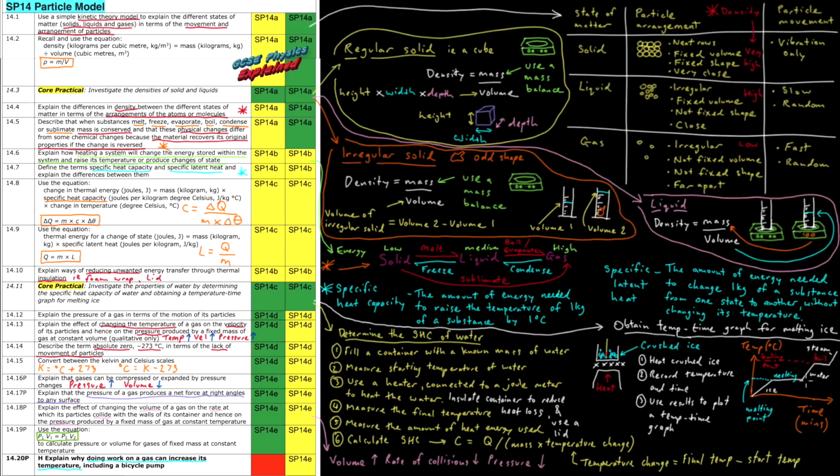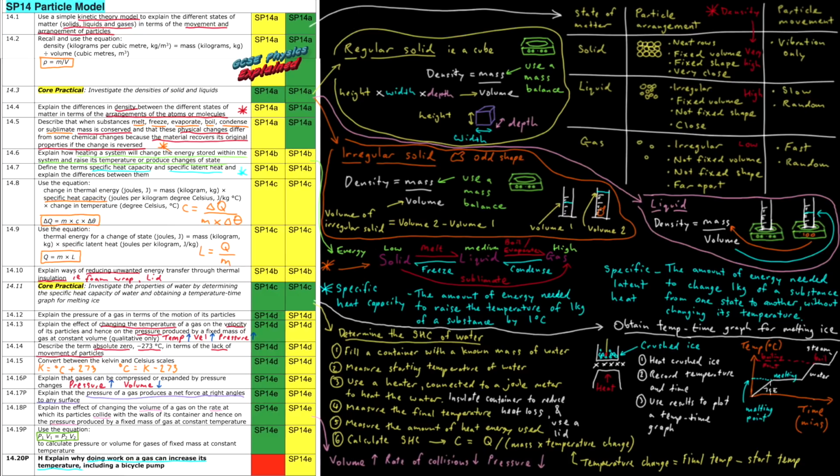Once it's fully turned into a liquid, then the temperature will continue to go up. Once it reaches a change of state again and changes from a liquid into a gas, once again you'll end up getting a flat part, which is your plateau. Now these plateaus, because there's no change in temperature, that's when you'd use this equation here: Q equals M times L. You'll notice there's no change of temperature involved when you're using the specific latent heat as it's changing state.